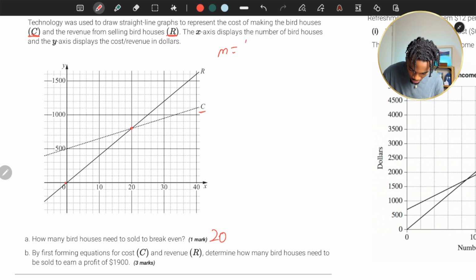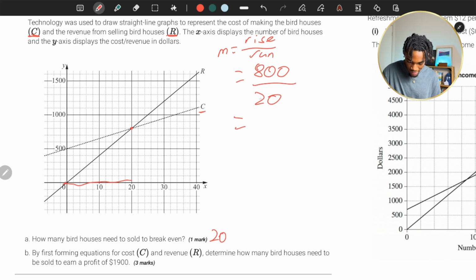Let me write this. Rise over run, 800 over 20, and that equals 40. So our revenue is going to equal 40x.